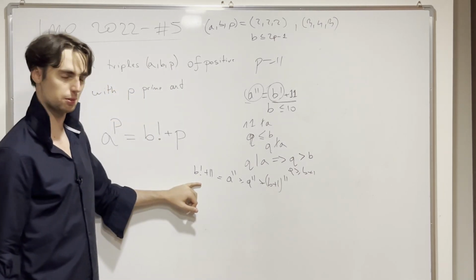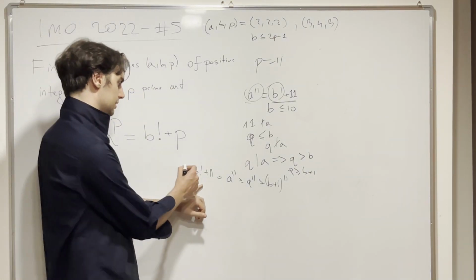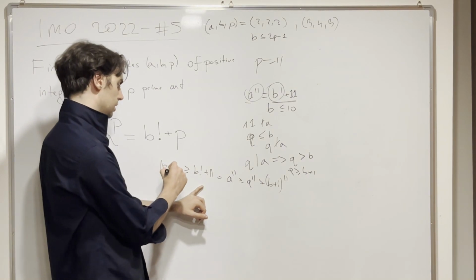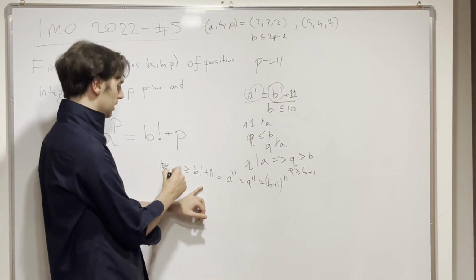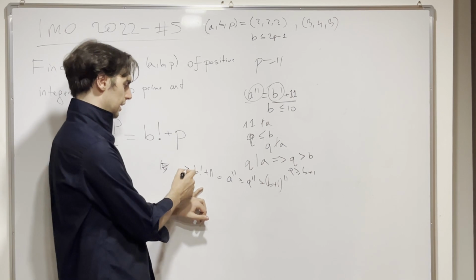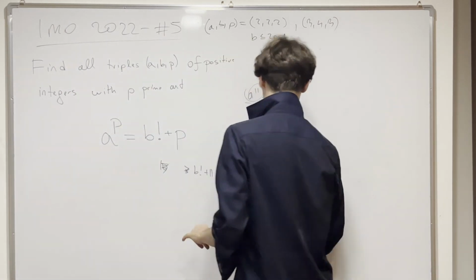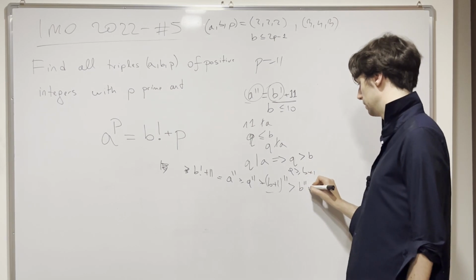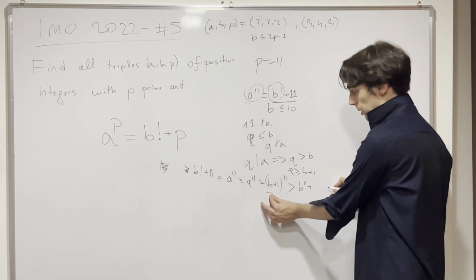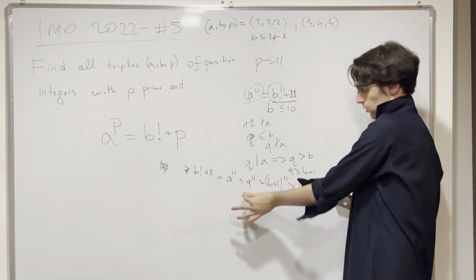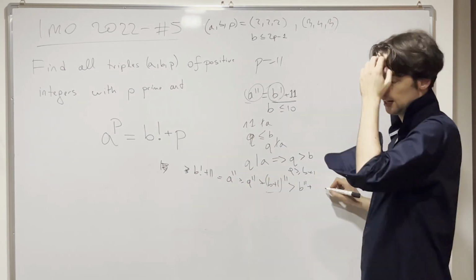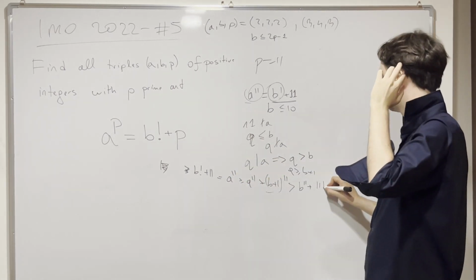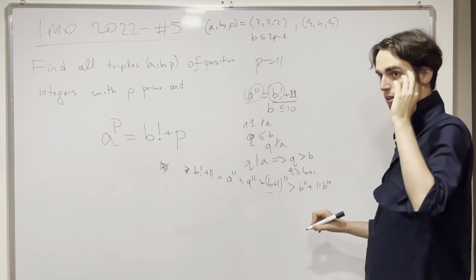And now my question for you is, does this fail? Actually, I don't want to estimate it with that. But now B plus 1 to the 11th is strictly greater than B to the 11th plus, so that's when I'm taking the B to the 11th part, and then I have 11 times B to the 10th.